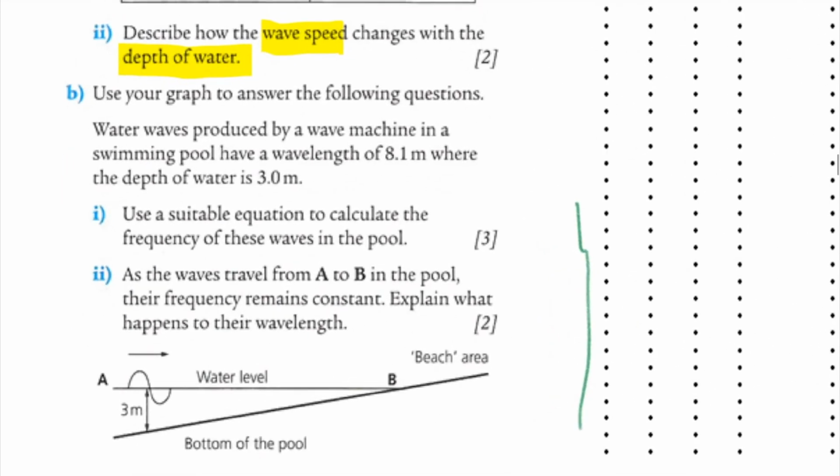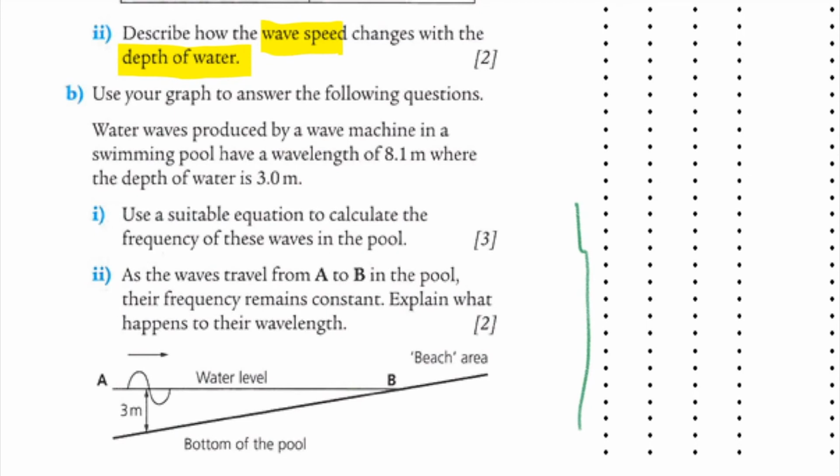B. Use your graph to answer the following questions. Water waves produced by a wave machine in a swimming pool have a wavelength of 8.1 meters, where the depth of the water is 3. So it's given us that. Use a suitable equation and calculate the frequency of these waves in the pool.